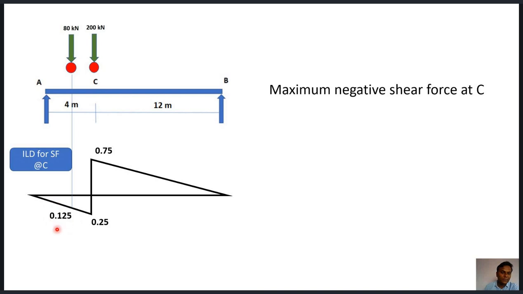So the respective ordinate you can find as 0.125. Hence you can find the maximum negative shear force as 200 into 0.25 plus 80 into 0.125. So here you will be getting maximum negative shear force as 60 kilonewton. As already we are saying here it is a negative, hence it is not necessary to again put a minus sign there.